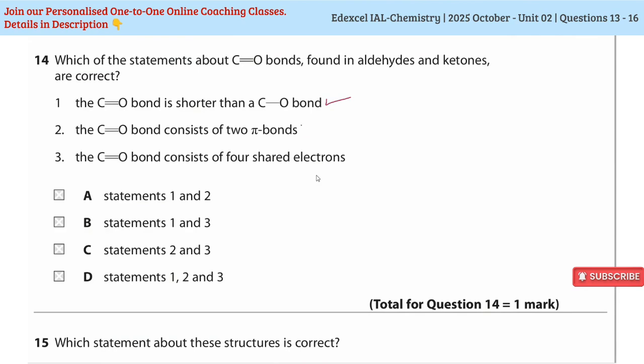That is wrong because it is one sigma bond and one pi bond. The third statement is the C double bond O bond consists of four shared electrons. Yes. Therefore, the correct statements are 1 and 3, option B.